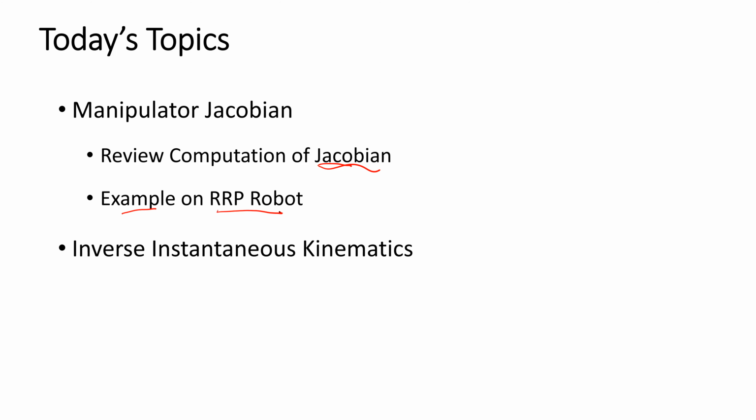So for the example, we will have the revolute-prismatic robot, a 3 degree of freedom robot arm, and we're gonna try to compose the Jacobian matrix that relates the joint velocity of the robot arm and the velocity at the endpoint.